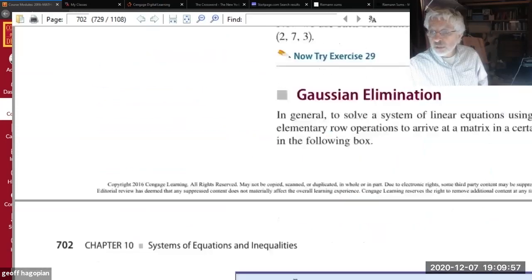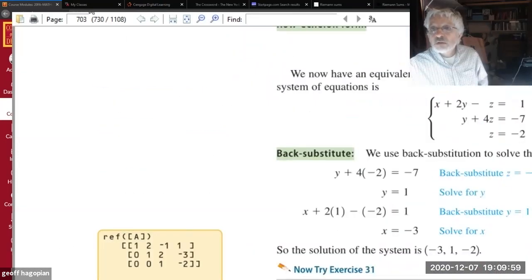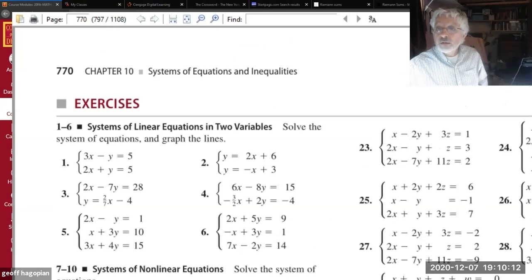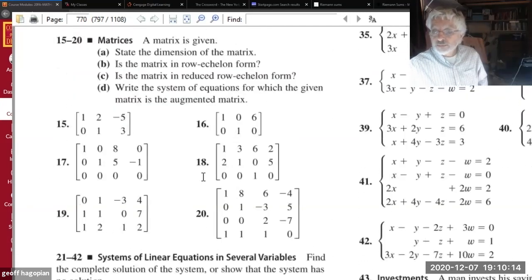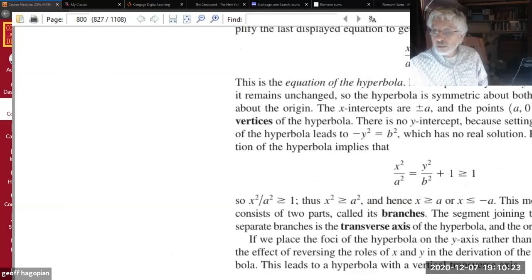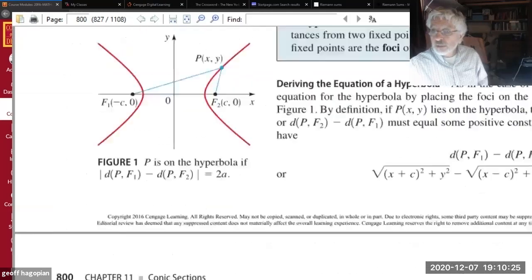This is chapter 10. So maybe 730. More matrices. 770, guess and check. More matrices. Wow. Let's go to 800. Okay, so we're in this section on hyperbolas. That's just where I wanted to be.